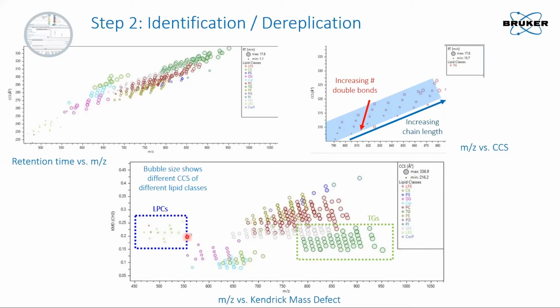You can also see here the LPCs cluster, so they have quite a distinct mass charge. And you can see from this bubble size here, this shows you the CCS value. So you can see the LPCs have a much smaller CCS value than, for example, for TGs.